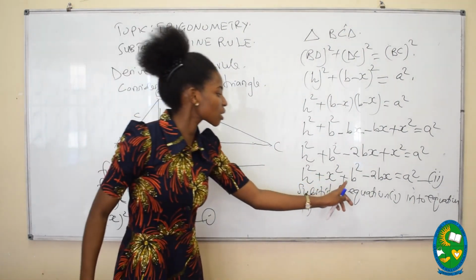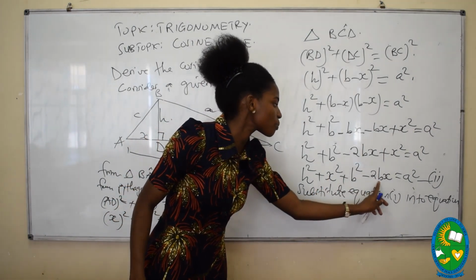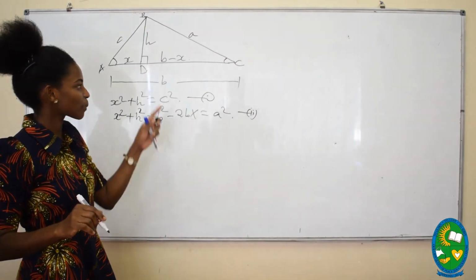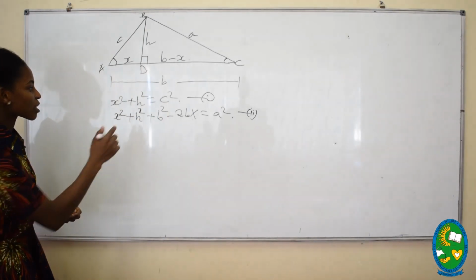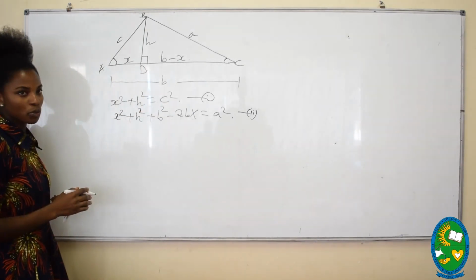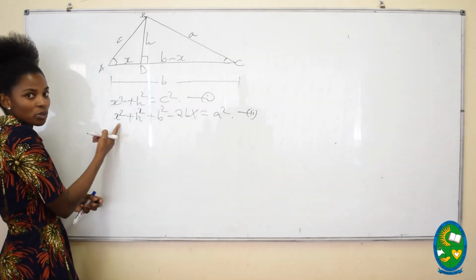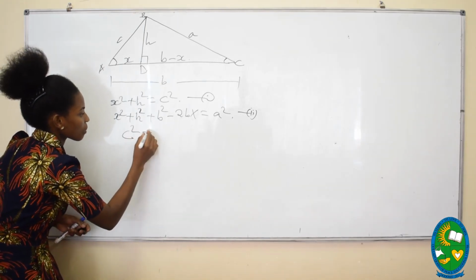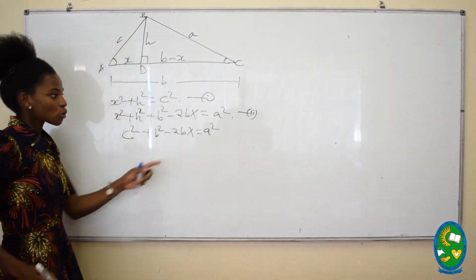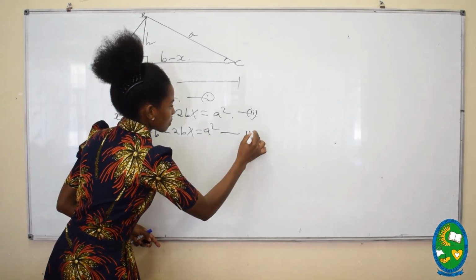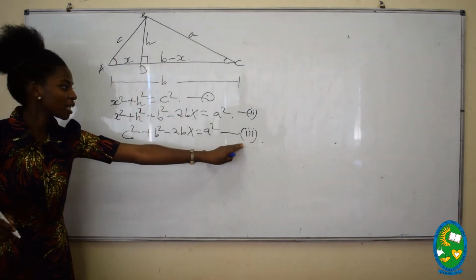So in equation 2, where we have x square plus h square, we now have c square plus b square minus 2bx equals a square. Let us label this as equation 3, and stop here.